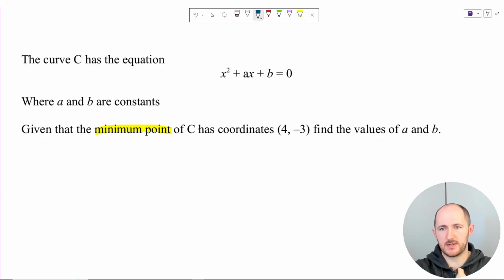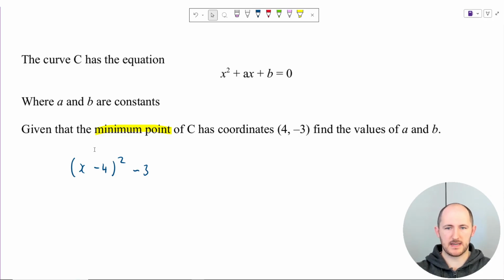Now, how is this quadratic actually going to look then? Well, we're going to have x, that bracket's going to be squared, and then there's going to be something on the outside. Now, what was on the outside? The outside was always the y coordinate, so we know that it's minus 3 on the outside. And what about the inside? Well, it's not plus 4. Remember, we swap the sign when we make it the x coordinate, so that's going to be x minus 4 squared. Okay, how does this help us?